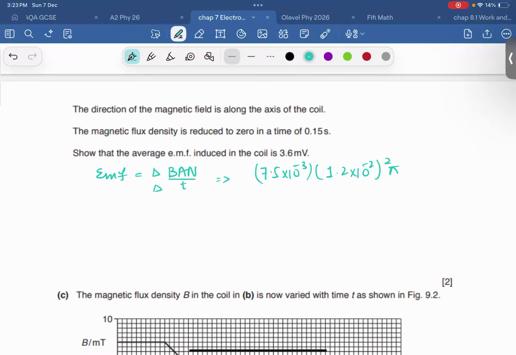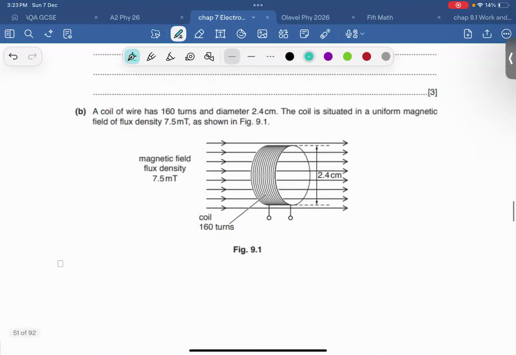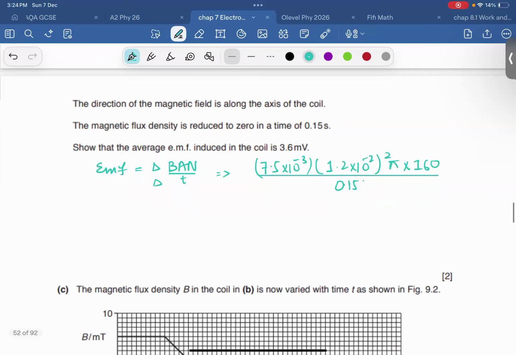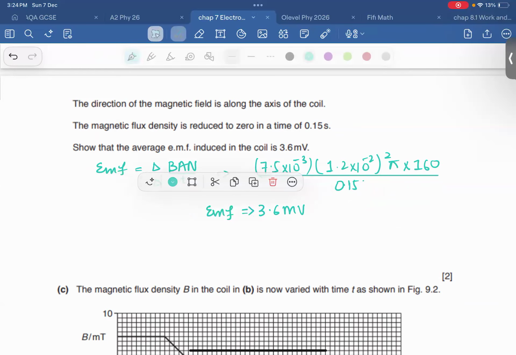That gives you the area, and N, the number of turns, is 160. Divide that by the time, which is 0.15. So this will generate 3.6 millivolts, which matches the answer mentioned. So this is the EMF induced. Let's move on to the next part now.